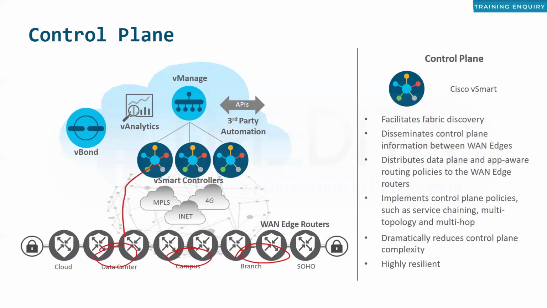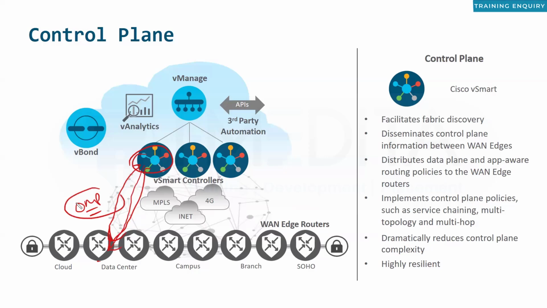There is a protocol that runs between vSmart and the managed router, known as OMP. So an OMP neighborship will come up between vSmart and the managed router. Once this OMP neighborship comes up, the data center router or any managed router would provide OMP updates to the vSmart, and vSmart can provide OMP updates to the managed router.